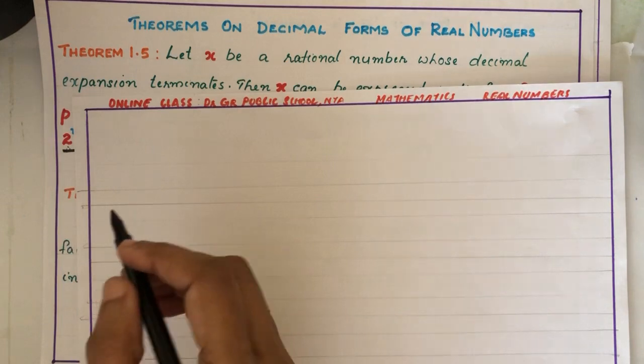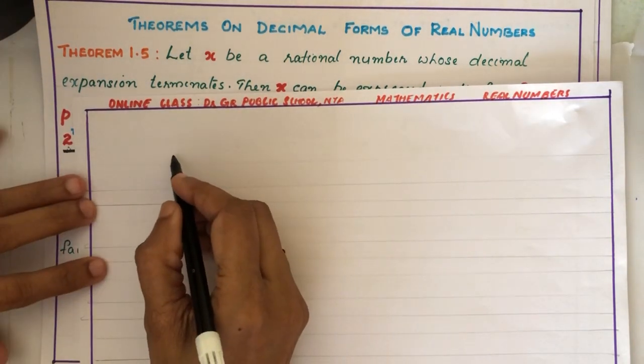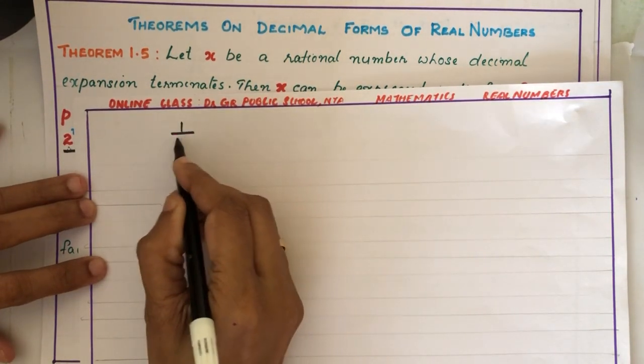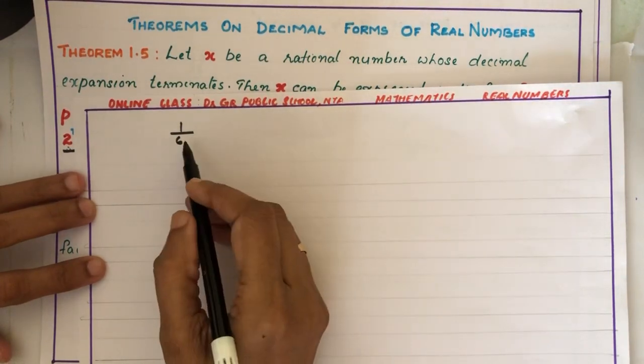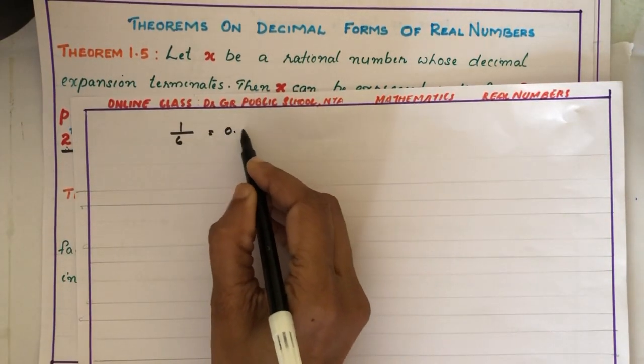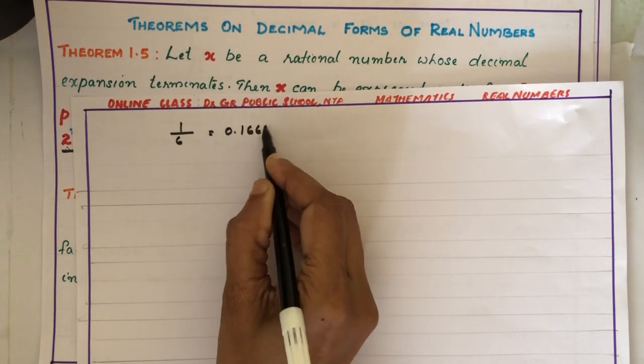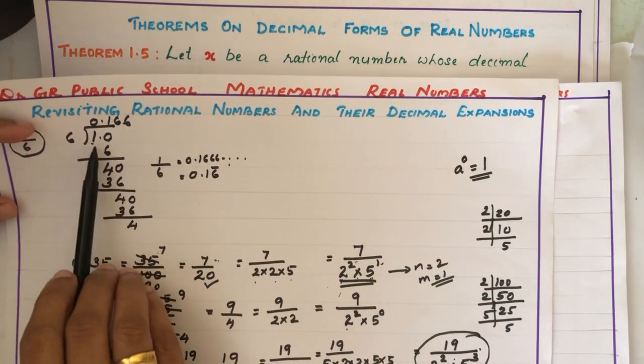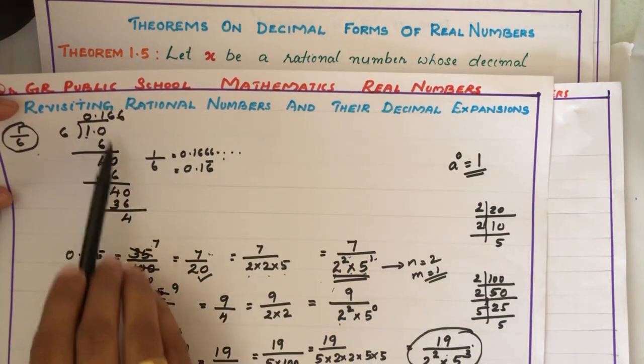First we have discussed what is 1 by 6, isn't it? 1 by 6 we got as 0.1666 etc. Here we have done the division.